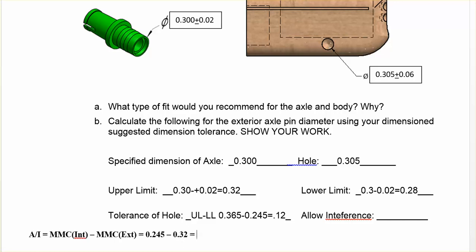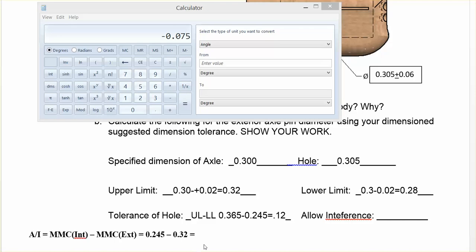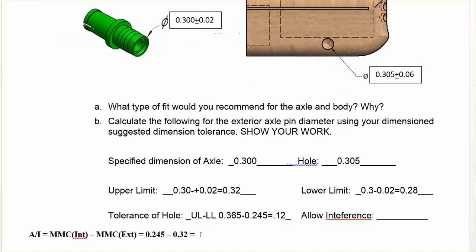So when we subtract these two, we get negative 0.075. And it was negative. So what did that negative infer to us? Well, that told us then that it was not allowance, but it was indeed interference. Meaning that you're going to have to pound this axle into this hole quite often.